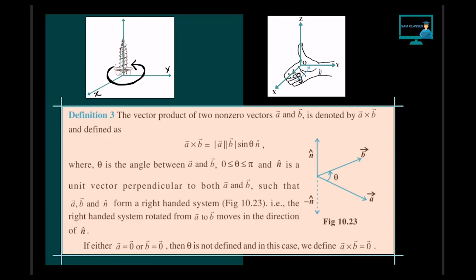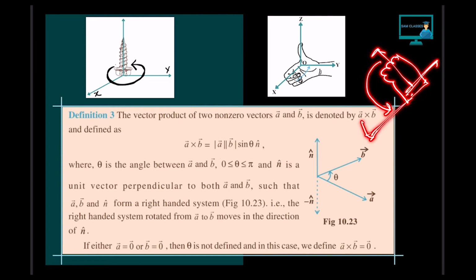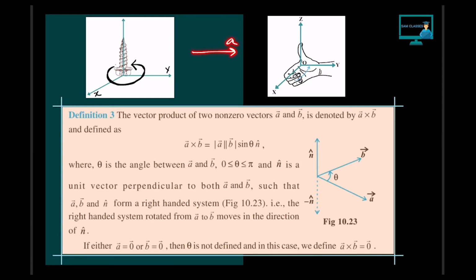Your palm this way gives you one direction, and you curl it toward the other vector's direction. The thumb will then point in the direction of the vector which is perpendicular to both of them, and that is the cross product of two vectors. So we have, let's say, A vector, and I'm curling it toward B vector.